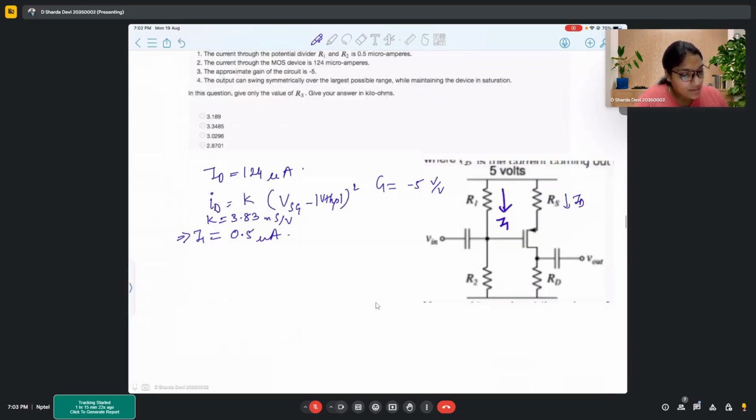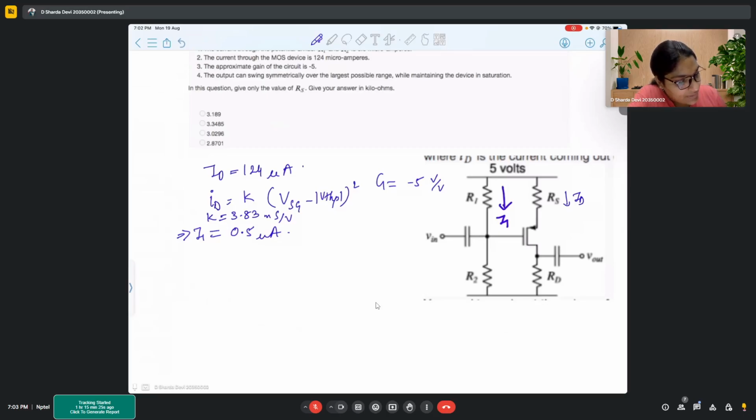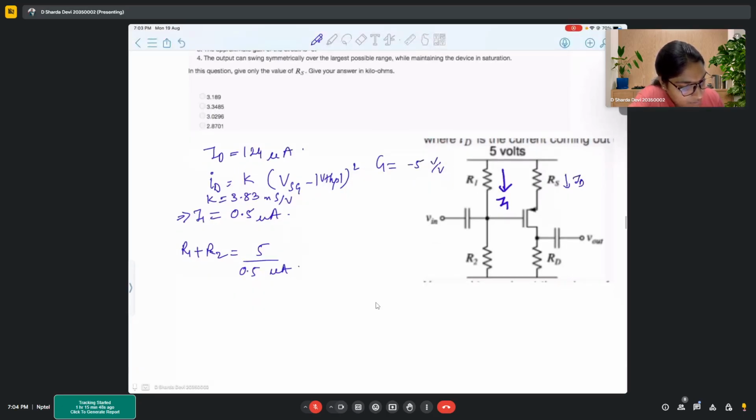So with these givens, first of all, since I1 is given, let's find the relation between R1 and R2. R1 plus R2 will be 5 upon 0.5 microamperes.